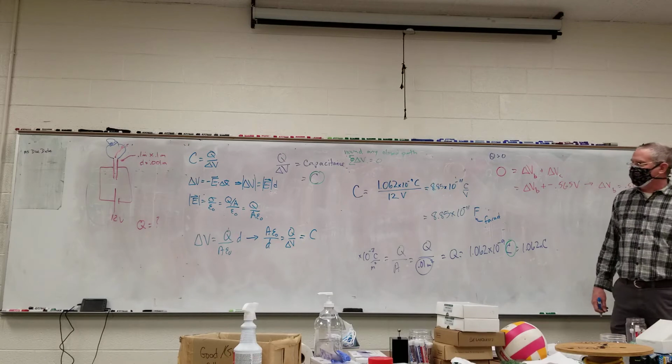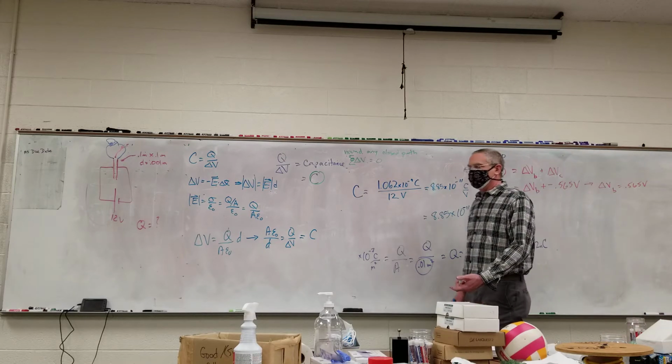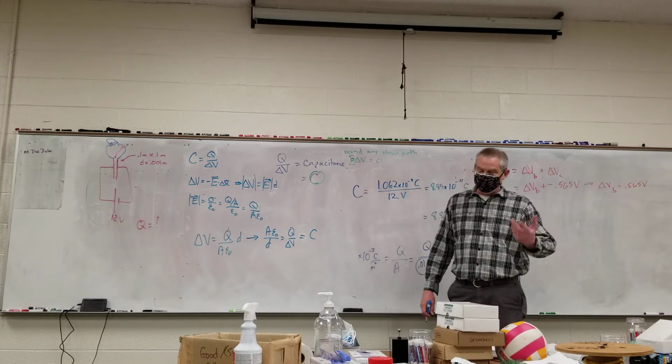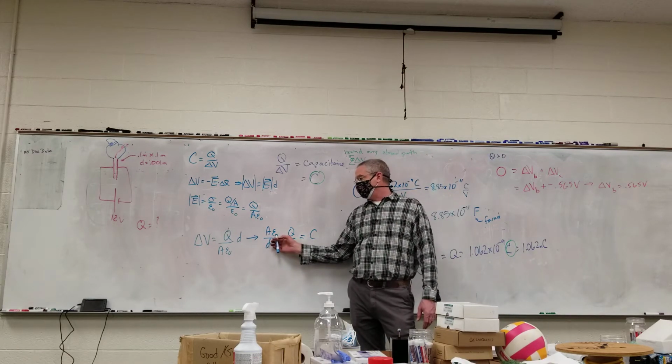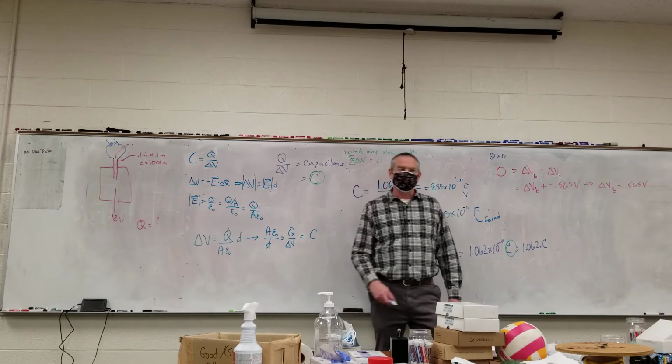So now I have an equation for figuring out the capacitance of my parallel plate capacitor, like in the lab, just based upon the area, the permittivity, and the distance between them.